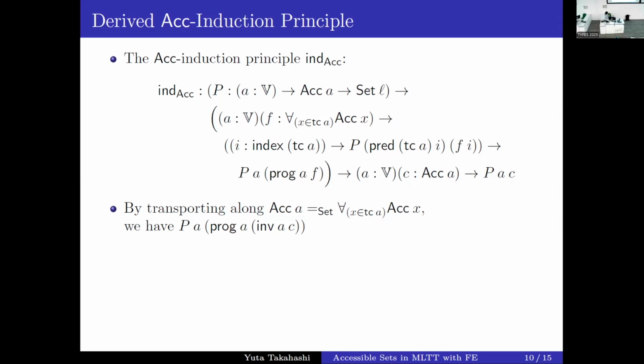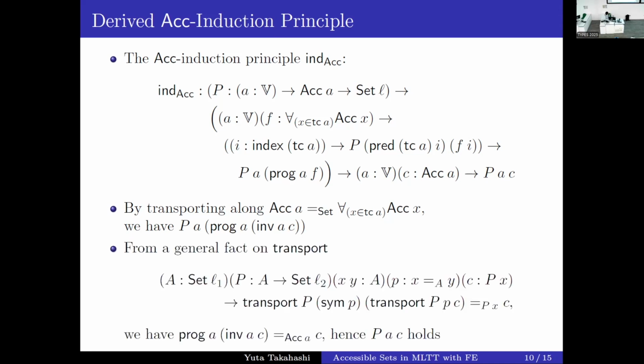And then we go back along this equation by using the progressive operator. Then by a general fact on transport, we can cancel this trip. So from P A (prog A in arc), we can prove P arc. This is a basic idea.